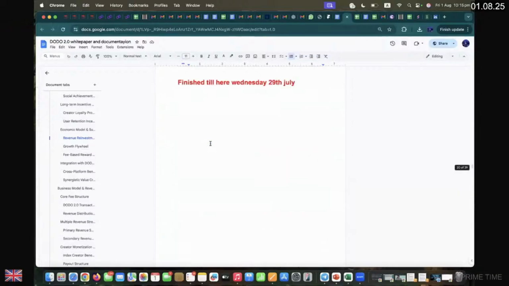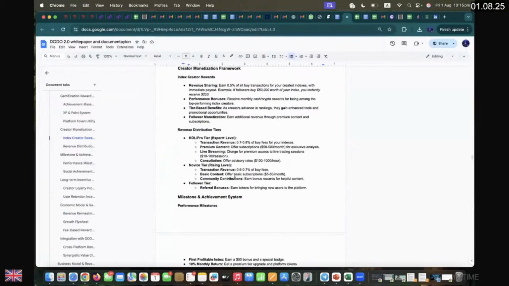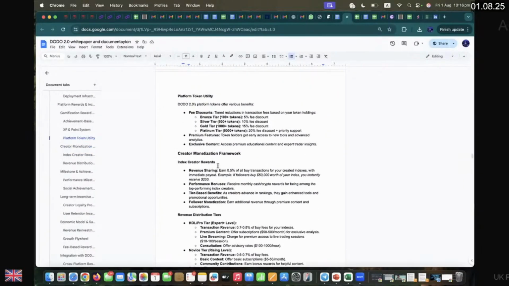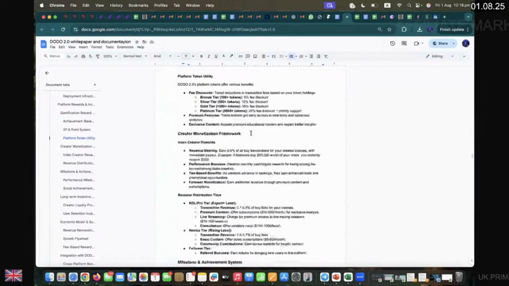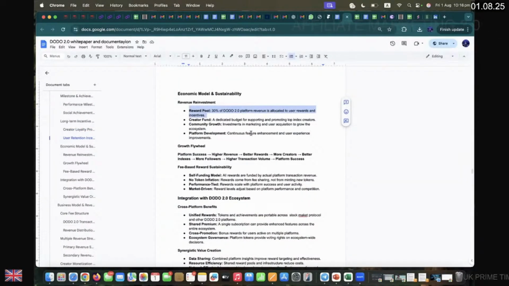So, as I explained the incentive methods last Wednesday, if I reiterate, there will be competitions, there will be contests, and there will be fee discounts from 5% to 20% for creators, for KOLs, for users on ranking up in the level, and this will be distributed from the 30% of the platform's revenue that we will allocate for the rewards and incentives.